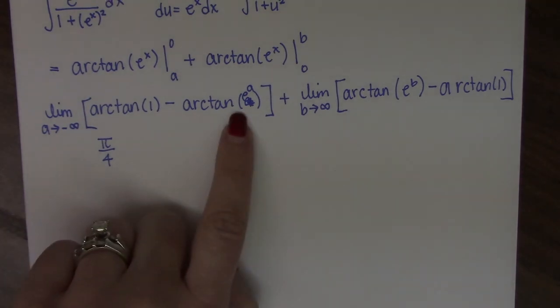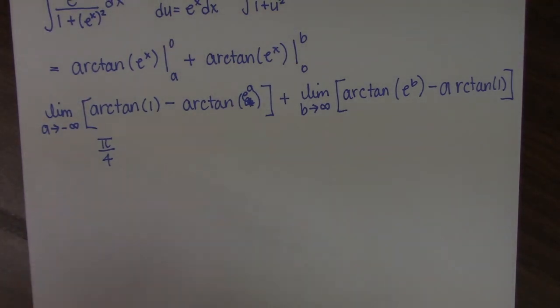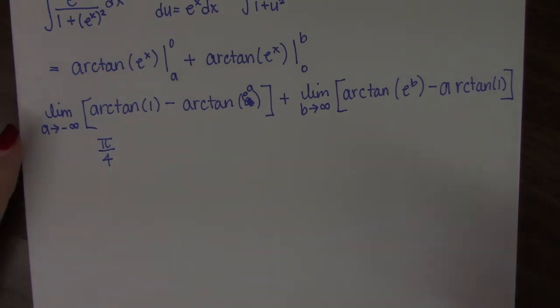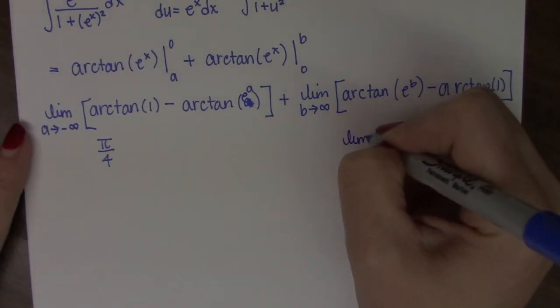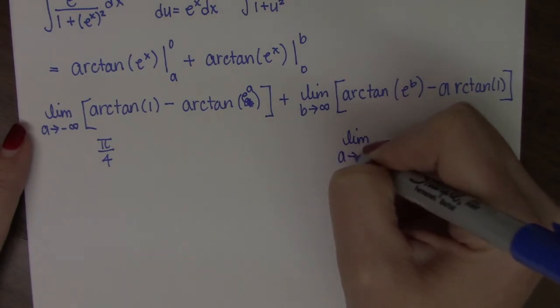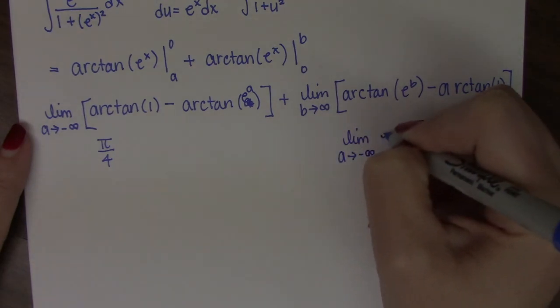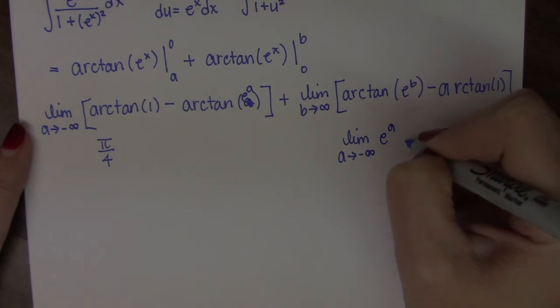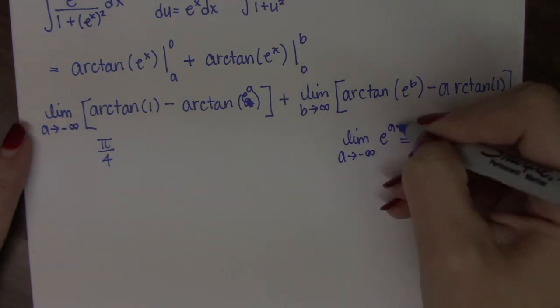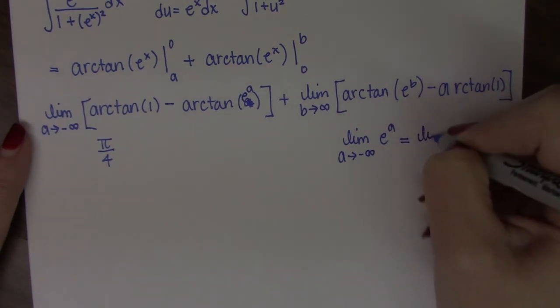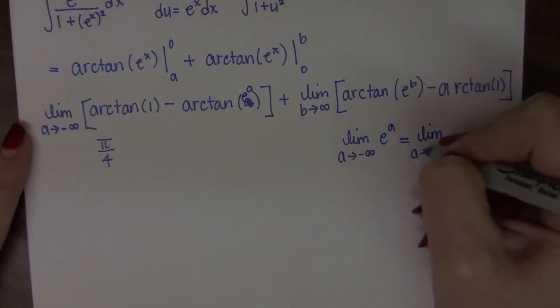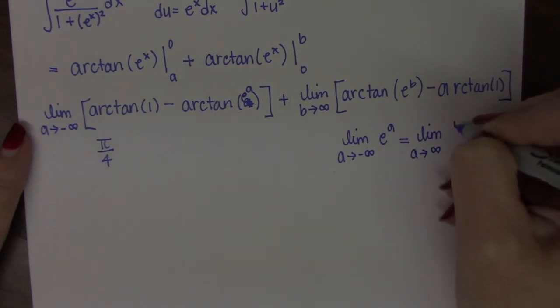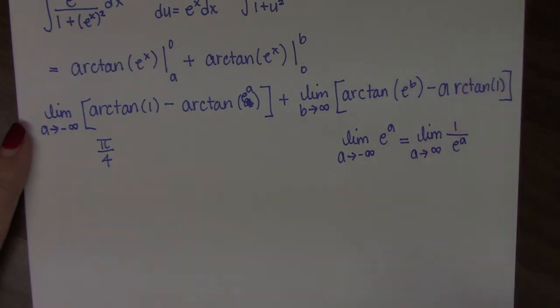Notice here this is arctan of e to the a, okay? But we're actually going to negative infinity. So the limit as a goes to negative infinity of e to the a is actually, because these values here are big negative, the same thing as the limit as a goes to positive infinity of 1 over e to the a.